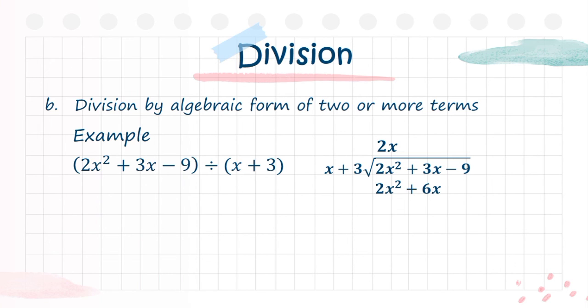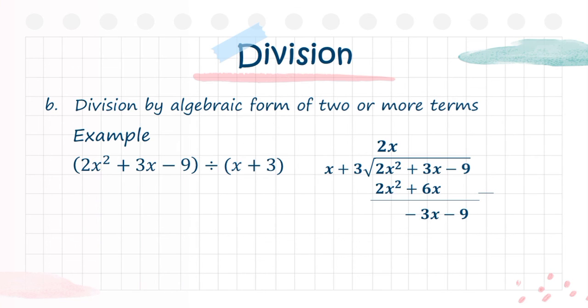We get the result 2x to the power of 2 plus 6x. We keep it under 2x to the power of 2 plus 3x minus 9. We subtract it, then the result becomes negative 3x minus 9.